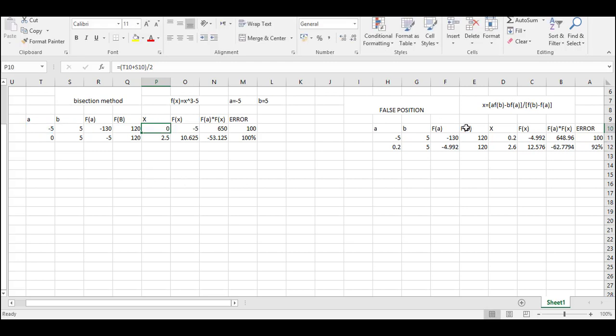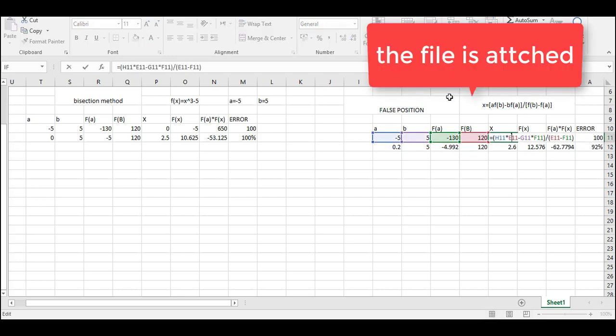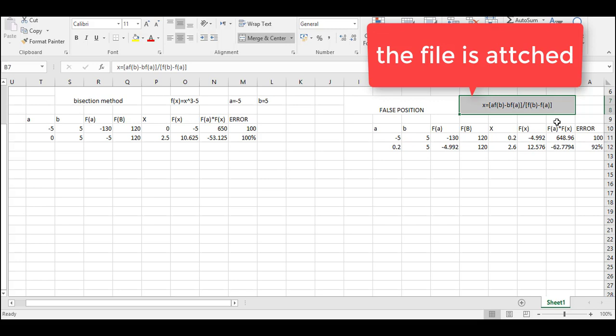The value of x is not the same. The value of x we get from the formula here: x equals a times f of b minus b times f of a, divided by f of b minus f of a.